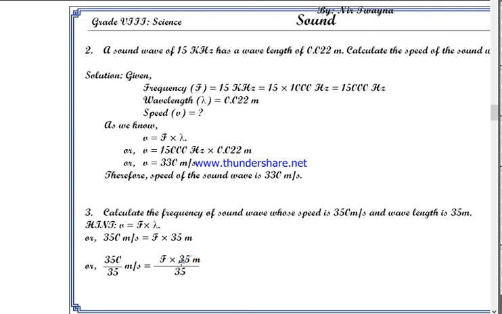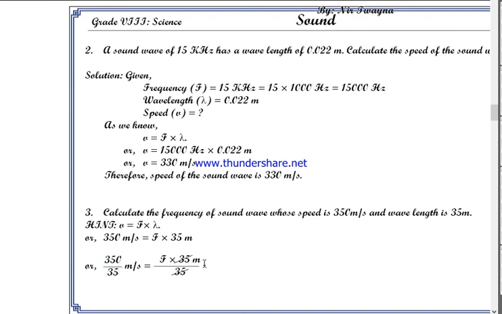So on this side, these two terms will simply cancel out. 35 times 1 is 35 and 35 times 10 is 350.